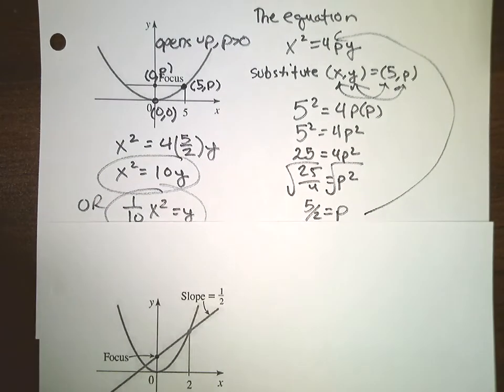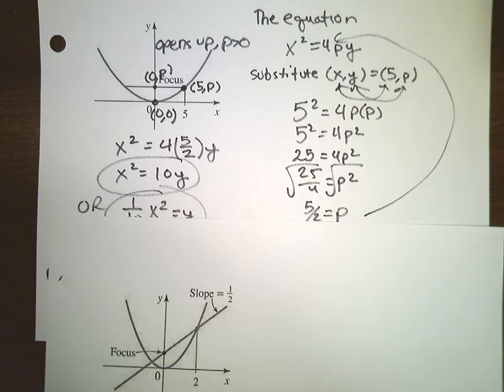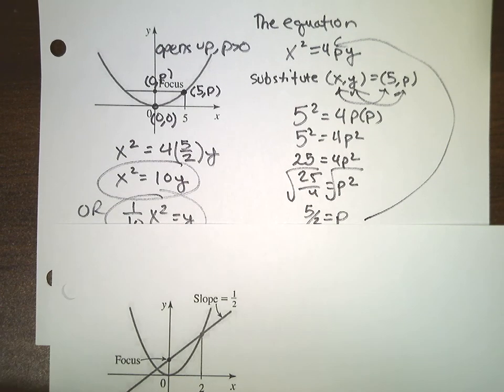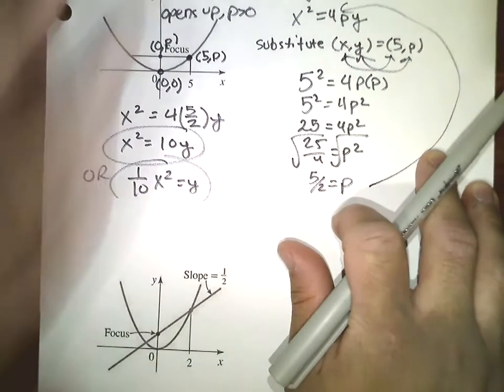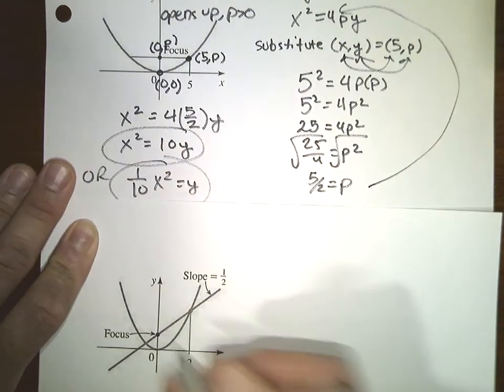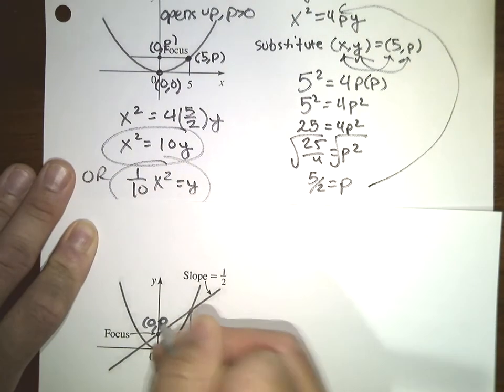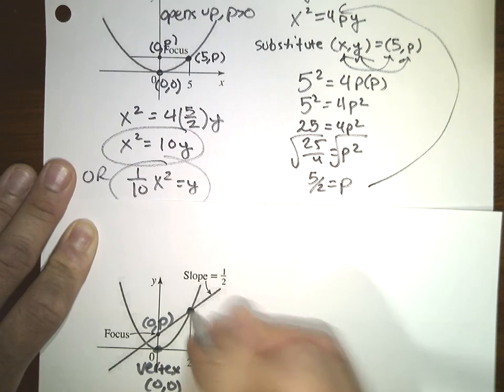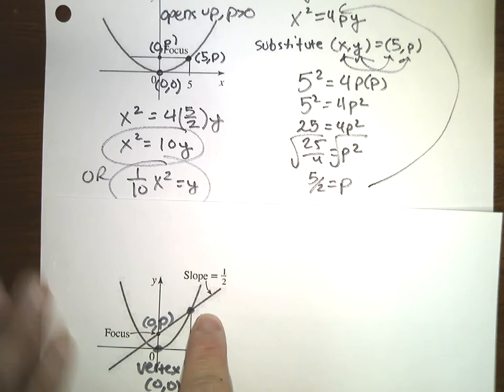And so this one here, let's try this one. This might really throw you off if you haven't actually seen these at all. So here's the focus, and all we know again is that this is at 0, p, and the vertex is at 0, 0, and this has a slope of a half.